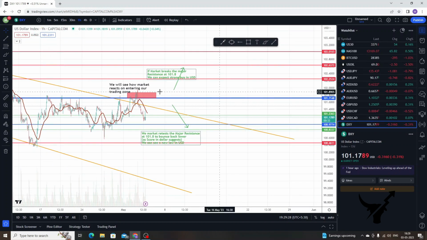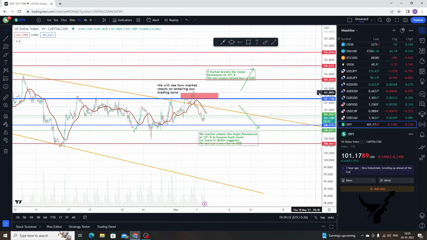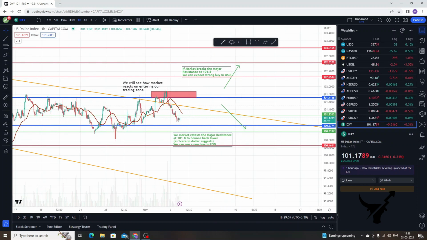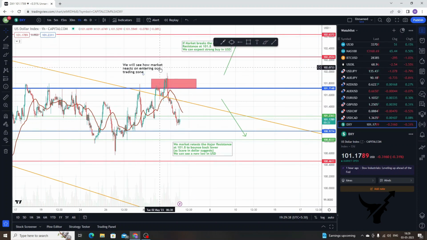So the USDT has reacted as I suspected it to go. I told you guys that we will see how the market reacts on entering our trading zone. So this was our trading zone.